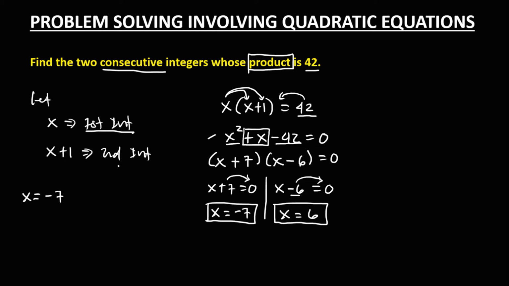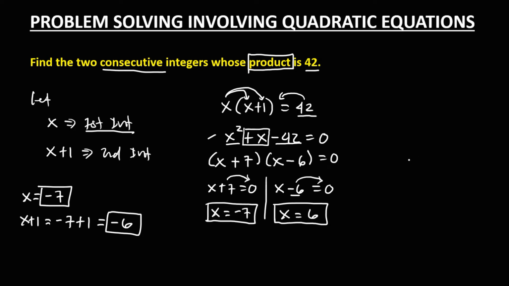So the second integer is x plus 1, or negative 7 plus 1, that's negative 6. So we have negative 6 and negative 7.